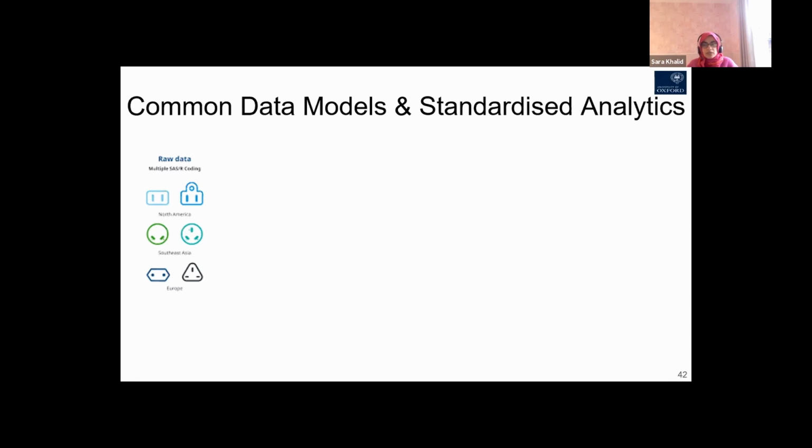Or more typically, let's say there is some data being generated in various places around the world, but these data all look different and they all follow different standards, such as this analogy, which I've tried to put on this slide here with the electrical standards. So you have data that is coded differently in Japan, to USA, to India, to China, to Europe, and so on. And you may be surprised, but this is an extremely common scenario.